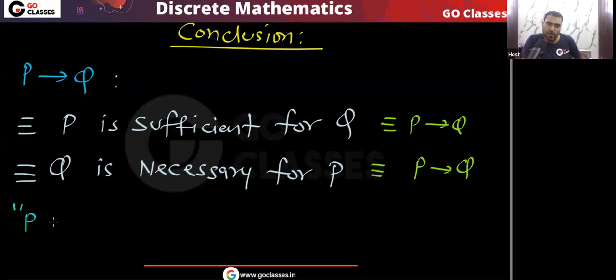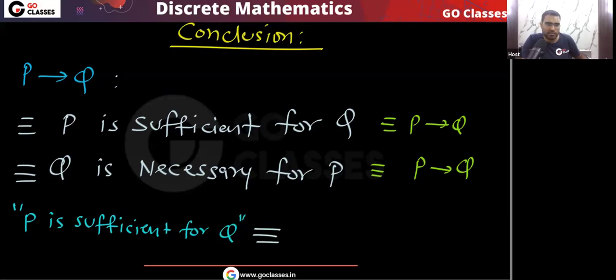So remember, the statement P is sufficient for Q is the same as the statement Q is necessary for P. These two statements are the same.